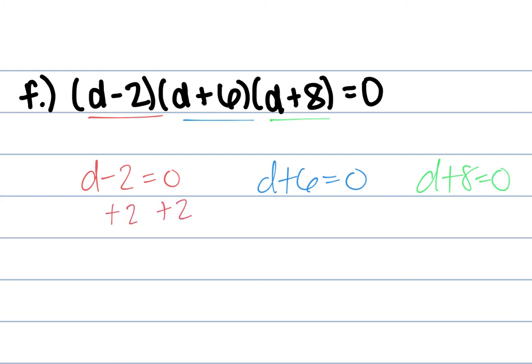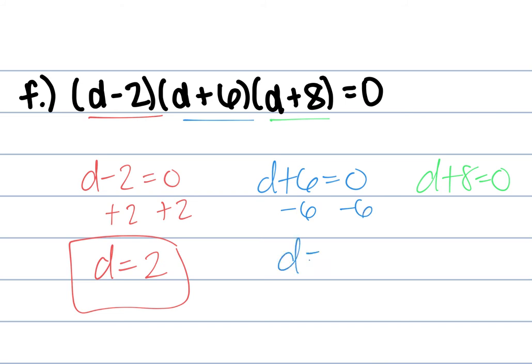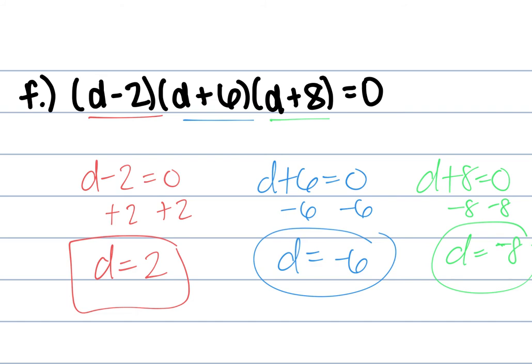It's going to give you B equals 2. And then the same thing, it's going to go negative 6, and negative 8. You guys, this should be the easy part. Are we all good on this so far? Okay.